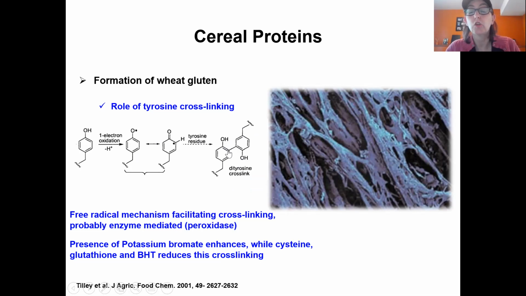So this research found that the stability of dough is not only due to hydrogen bonding and disulfide linkages, but also due to the tyrosine linkages, by oxidation and added oxidative reagents.